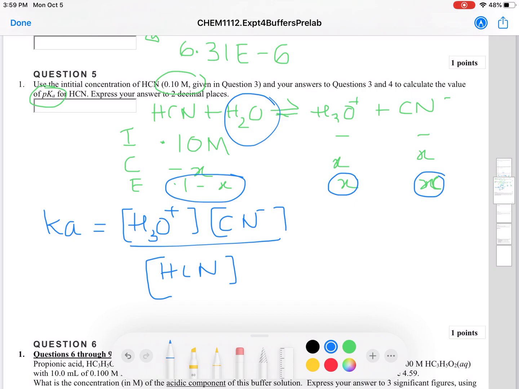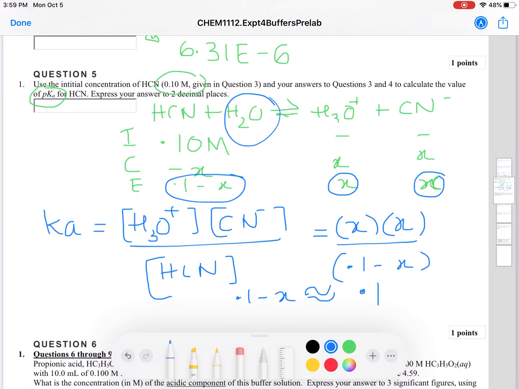Now, what is our hydronium ion concentration? X, cyanide X, and HCN 0.1 minus X. And here we are making an assumption: since X is very small, 0.1 minus X is going to be similar to 0.1.